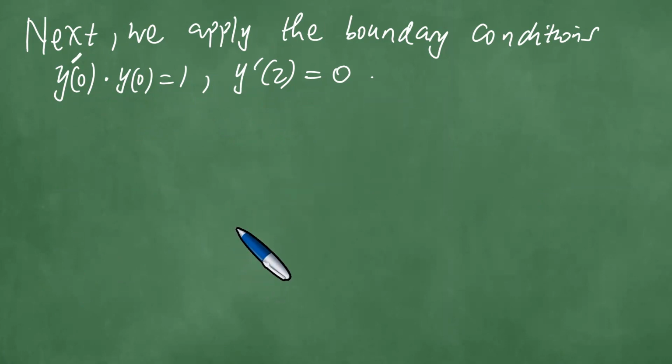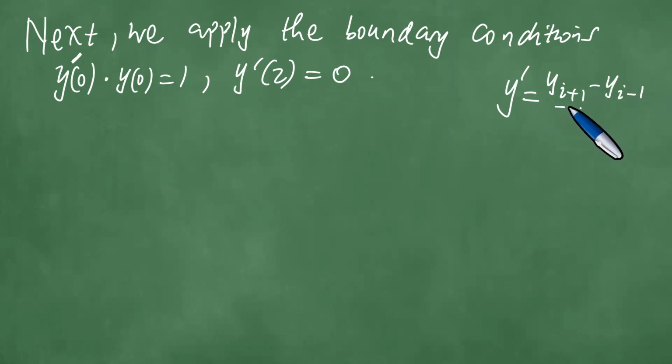Now we'd remember that we have already said here that y primed is actually the same as yi plus 1 minus yi minus 1 divided by 2h, like this.